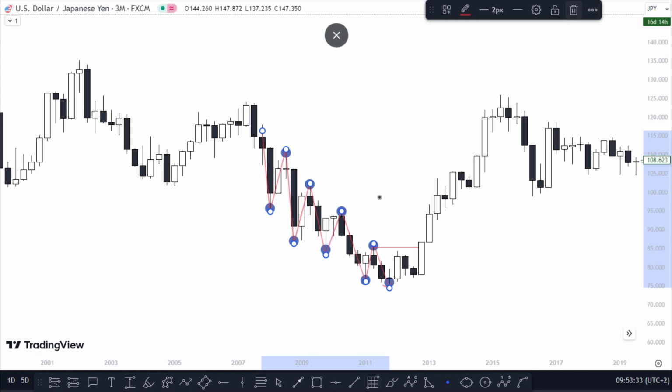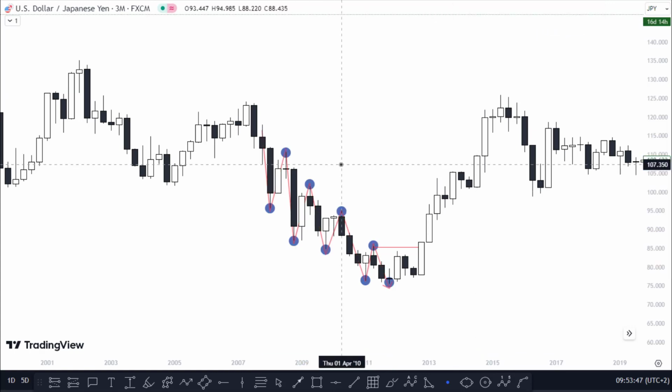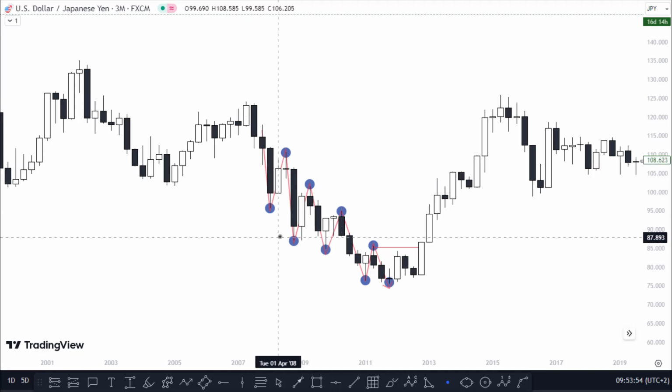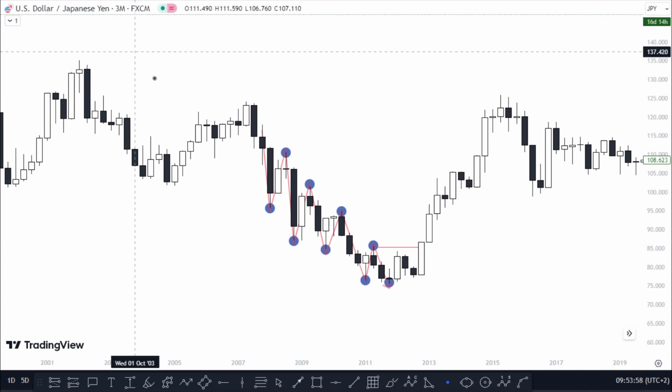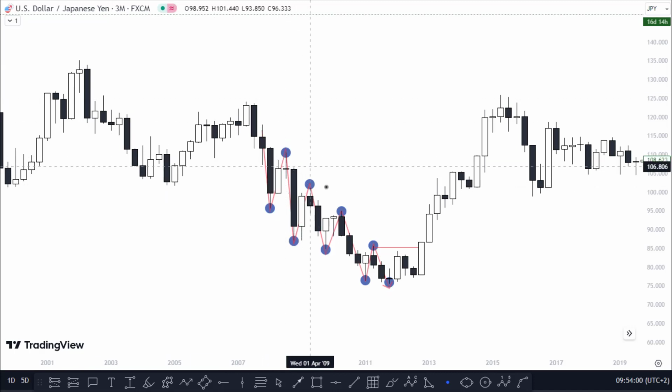So here, if you can tell what this is, now, if you change to another time frame, how do you switch from one time frame to another? You see, I'm using a 3-month time frame. I can easily go to a monthly time frame or weekly.